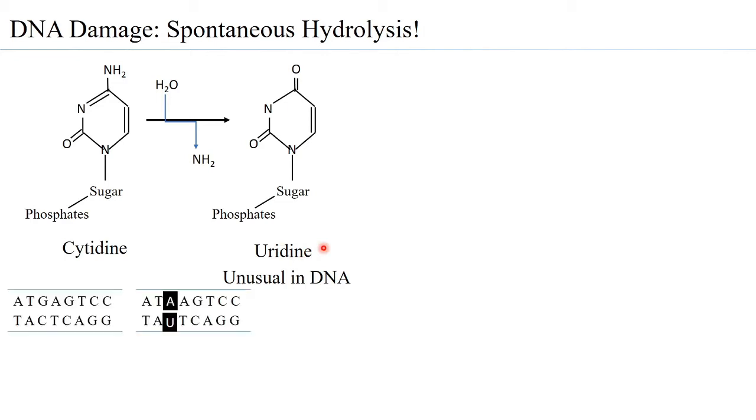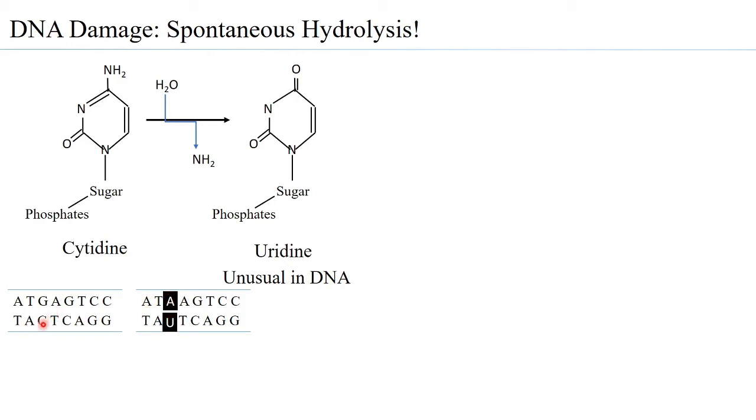So we consider over here, where originally you had a GC base pair, correct? The C having got deaminated to convert it to U, after the first round of replication, what you will get is AU rather than GC.